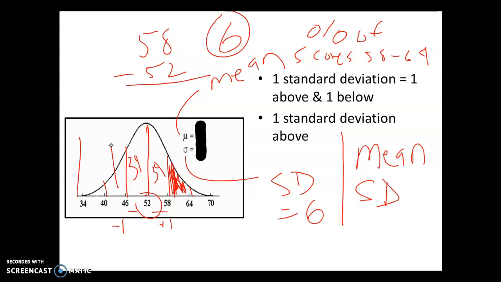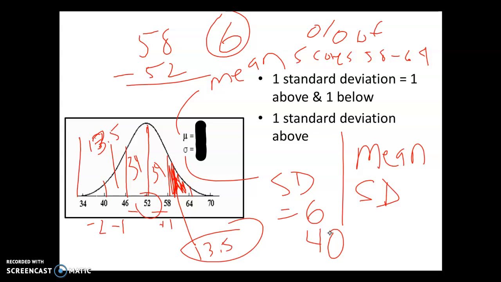We know that between 40 and 46, 13.5, and we know between a 58 and a 64, 13.5% of the scores will fall. So that means the answer to this question is 13.5% of the scores will fall between a 58 and a 64.